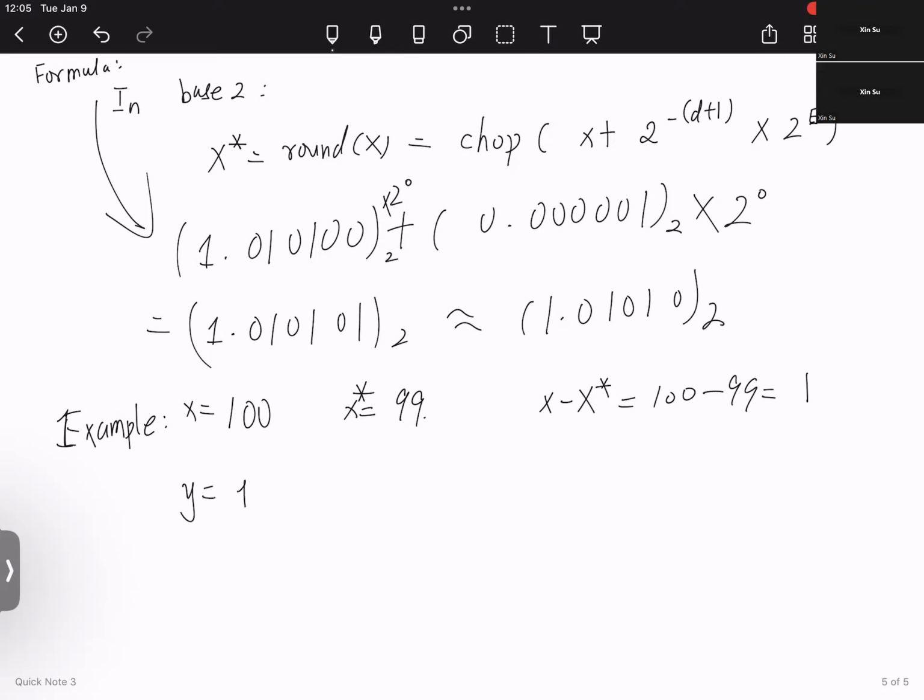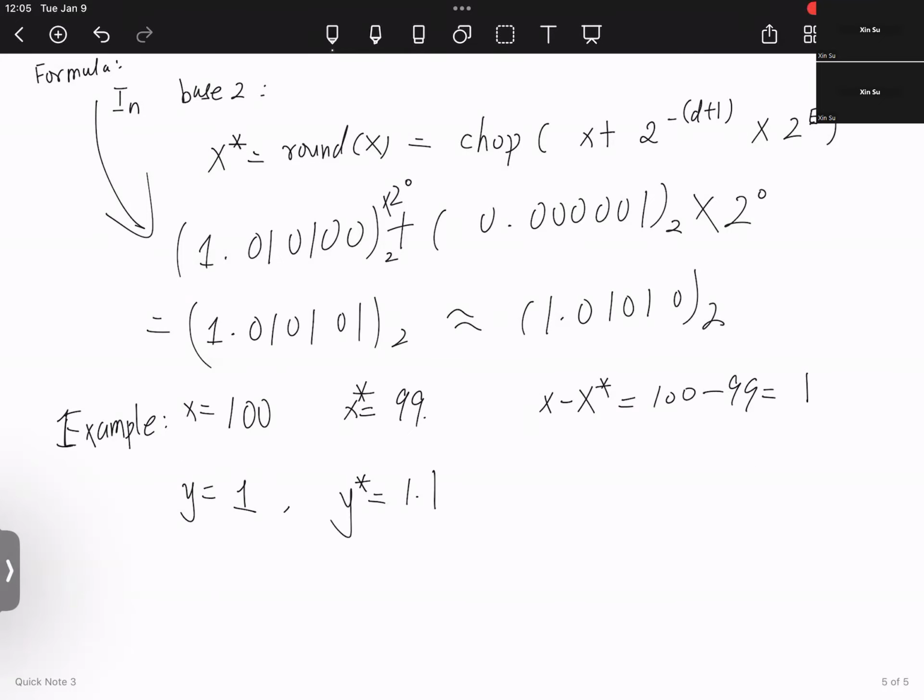We have the number 1, and then we have the approximation. Let me change it: it's 1.1.